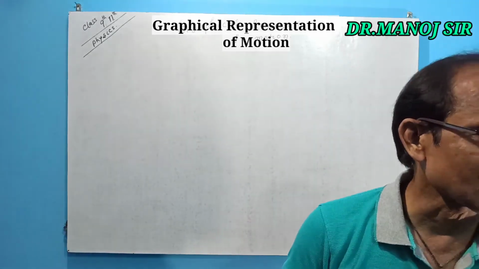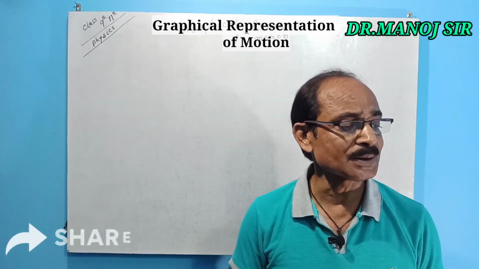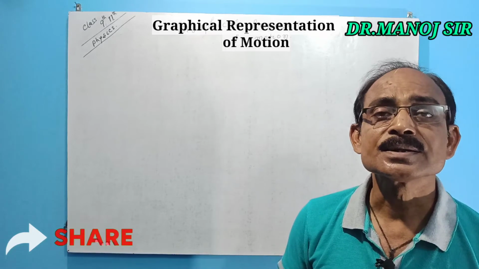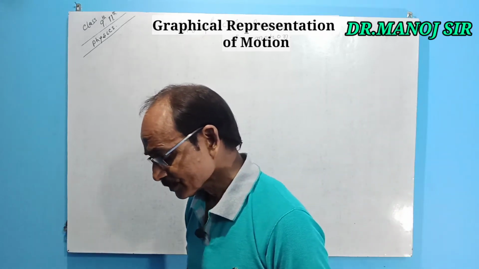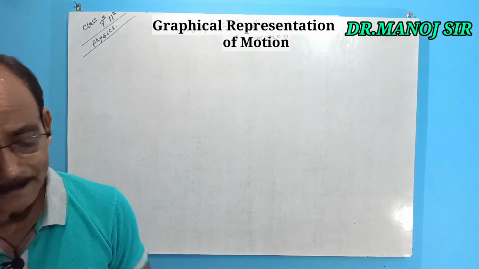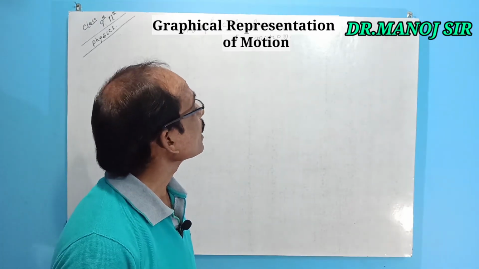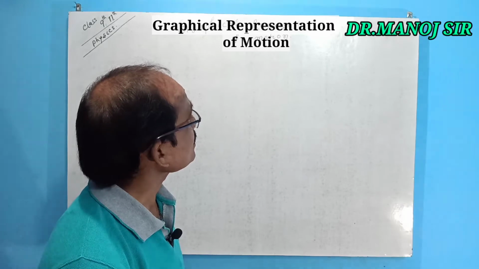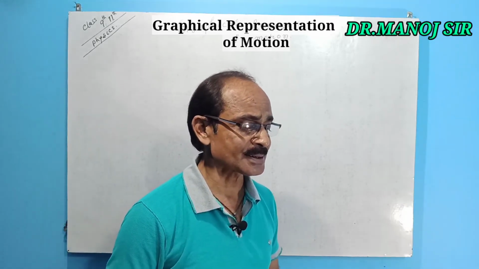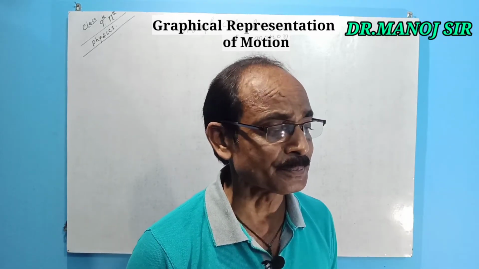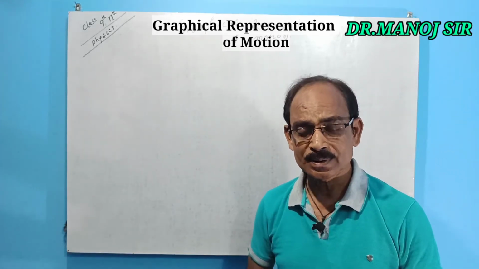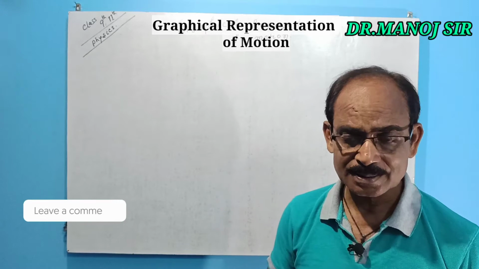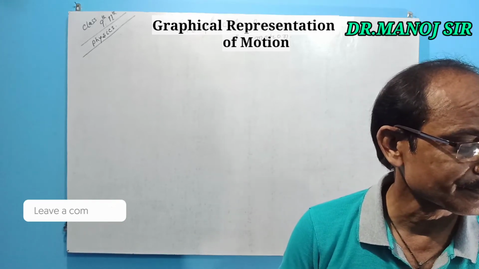The speed and velocity are used in the same sense, because speed is the ratio of distance traveled upon time, whereas velocity is the ratio of displacement upon time period.